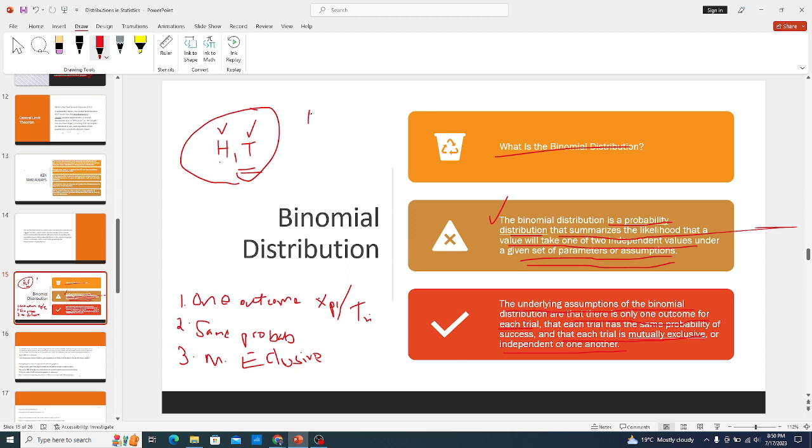For example, if we are tossing a coin, let's assume the first outcome is a head. Since we got a head, it's not guaranteed that the second outcome will be a tail, okay. So we are saying this does not affect one trial.